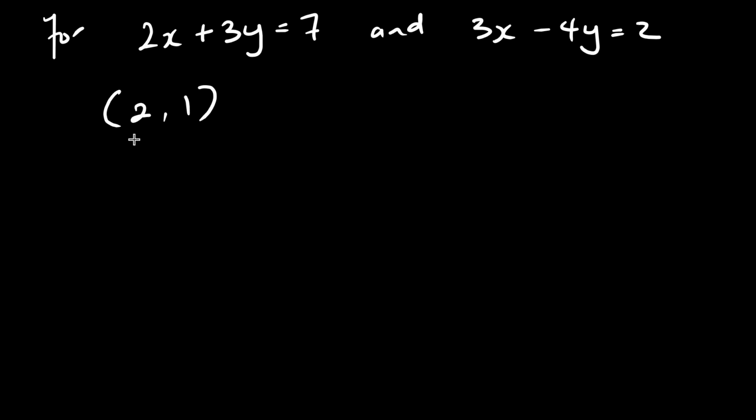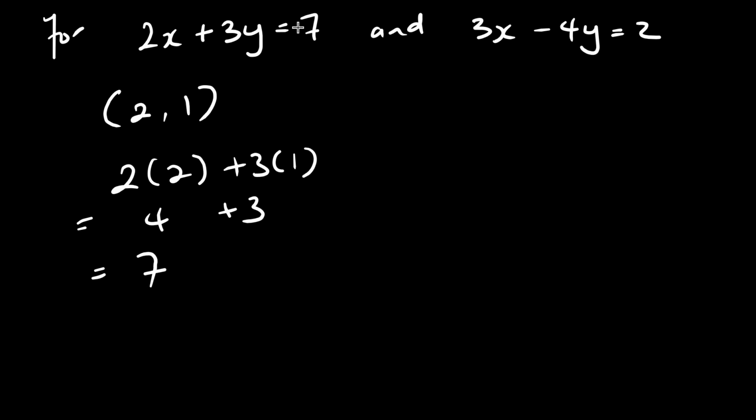The good thing about simultaneous equations is when you get your answer, you can substitute back into the equation to confirm. So if this is the case, where we say x is 2 and y is 1, then 2 times 2 plus 3 times 1 should give you 2 times 2, 4, plus 3, it gives you 7, right?